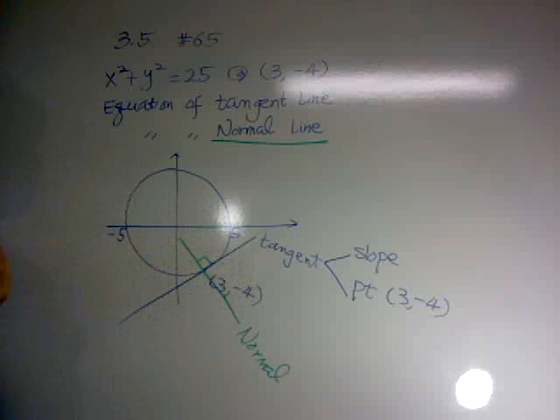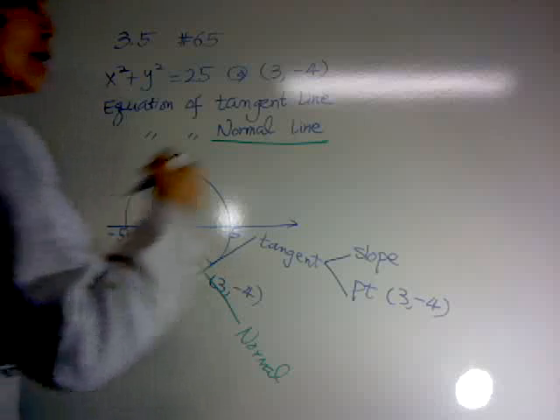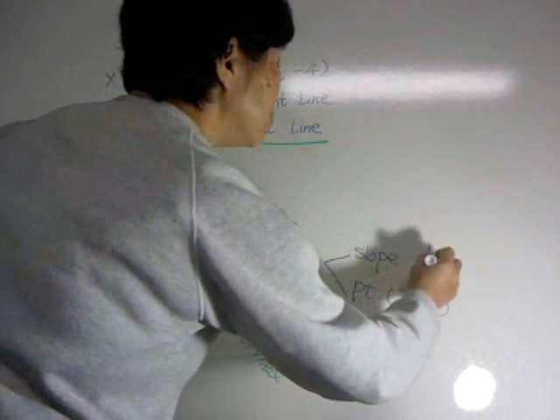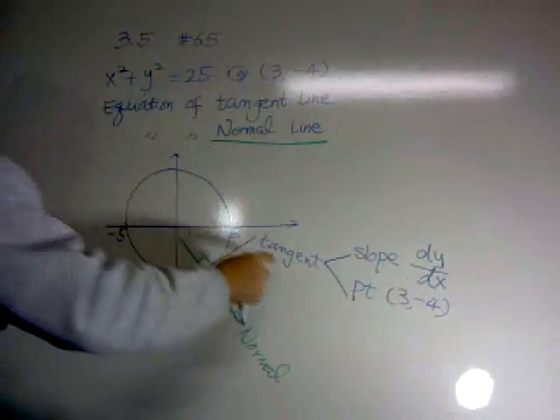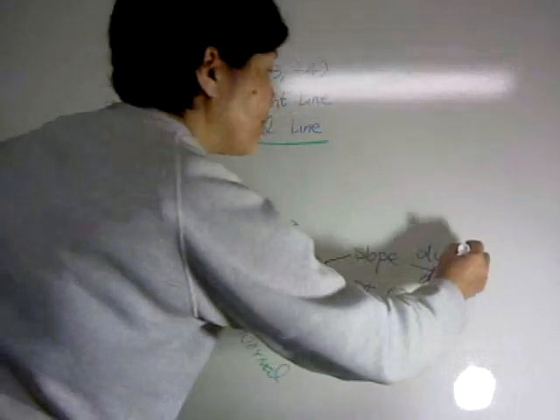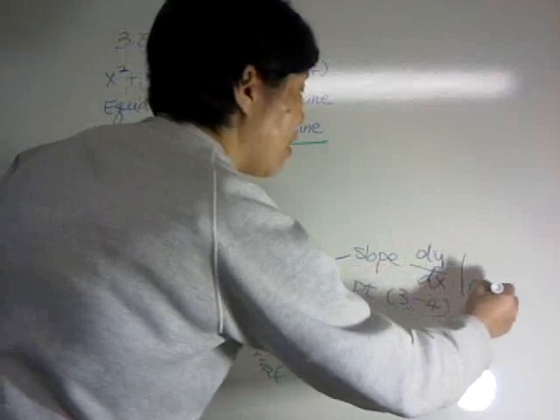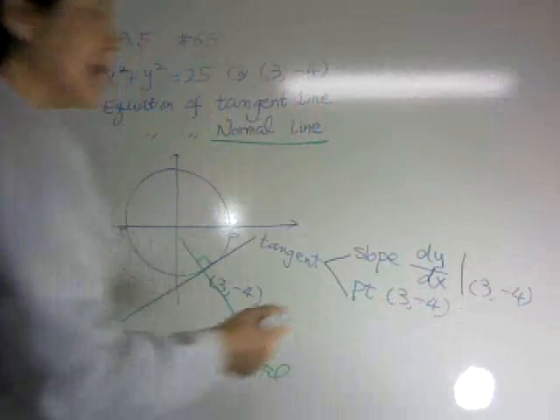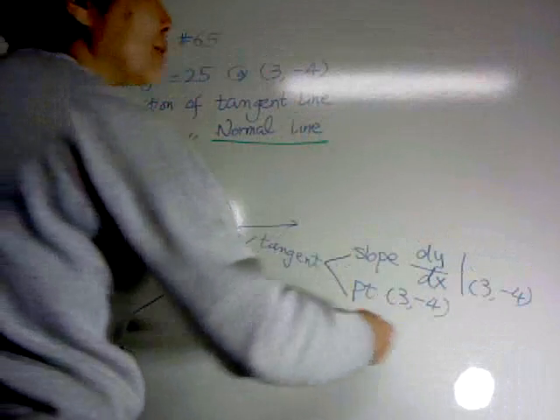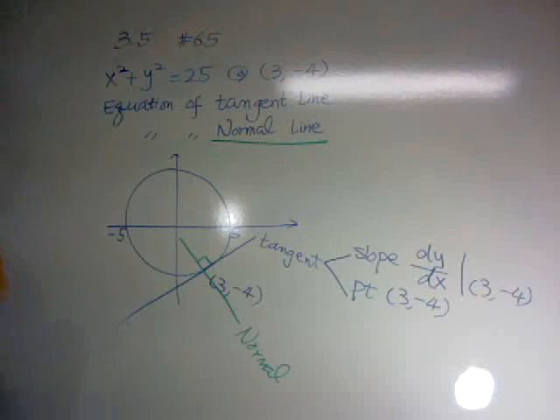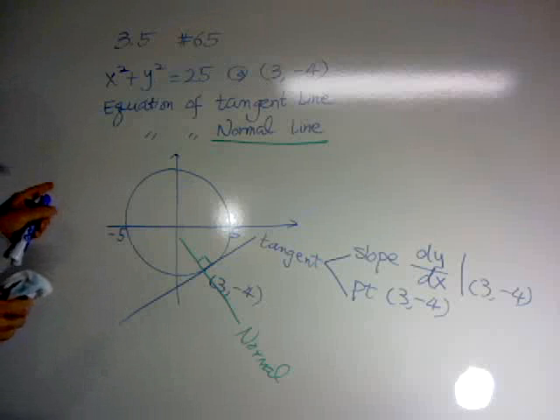And how are we going to find the slope? As we know, the slope comes from the derivative, which is dy/dx, but at this point (3, -4), meaning we are going to evaluate dy/dx at x equals 3 and y equals -4. So now the question boils down to, what is dy/dx?